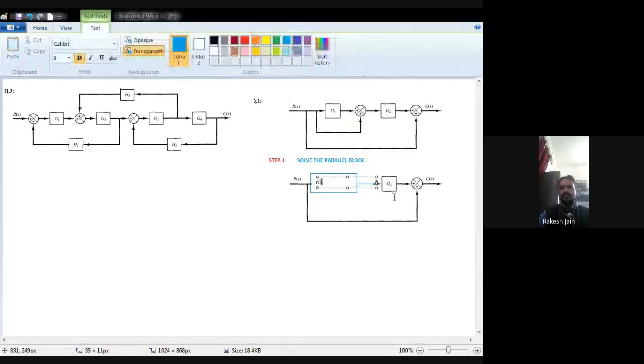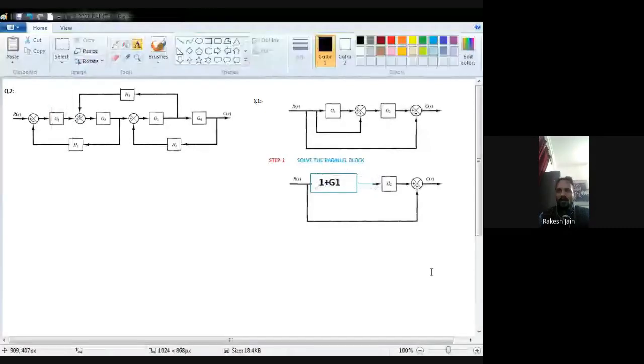So we just remove this and instead draw a block whose gain is the addition, 1 plus G1.